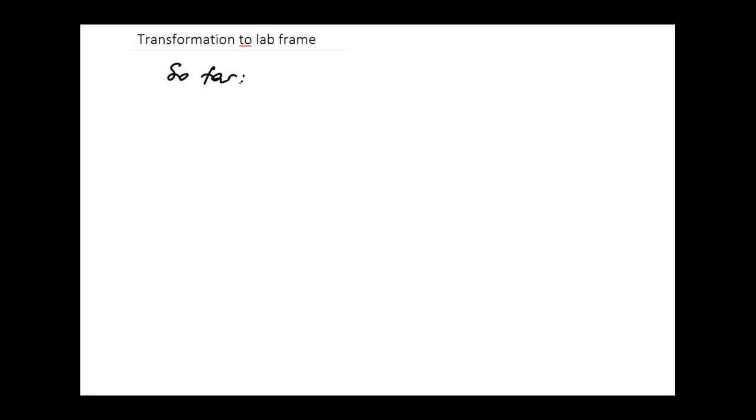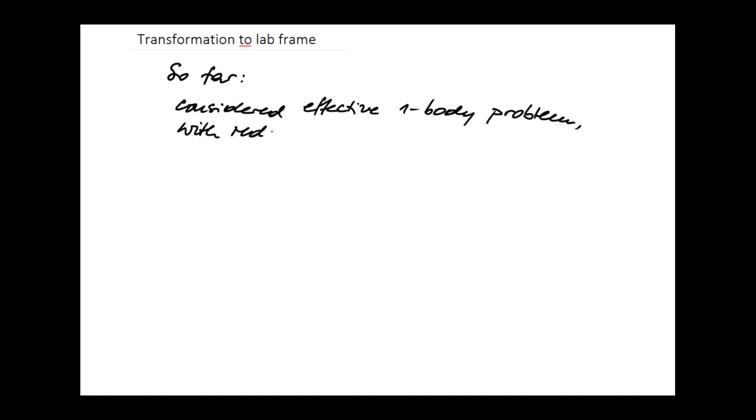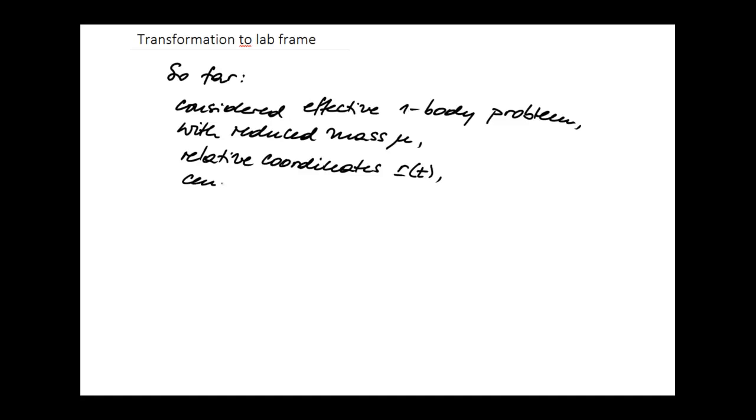So far we have considered the effective one-body problem with the projectile having reduced mass mu with relative coordinates little r of t, and the center of mass being at rest.